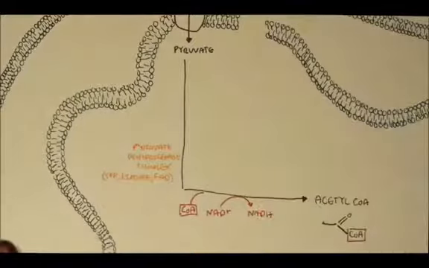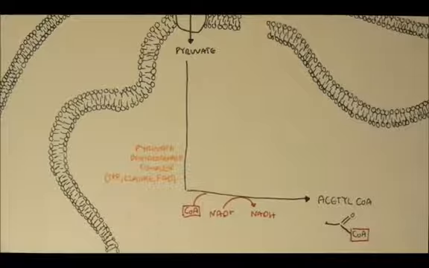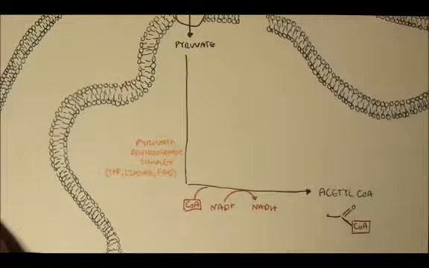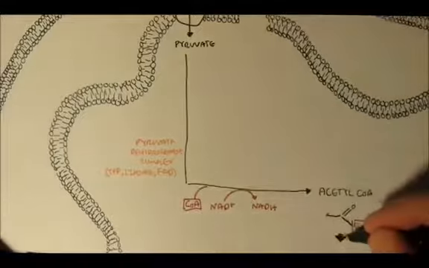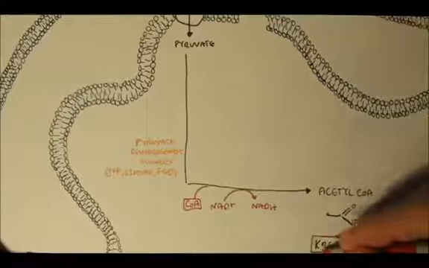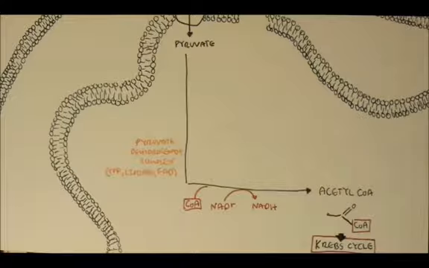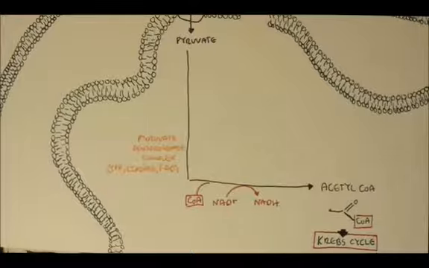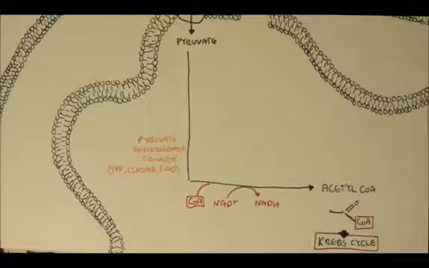Now, acetyl-CoA is an important metabolite and interconnects with almost everything. It is also important in fatty acid synthesis, which we will look at later on. But typically, acetyl-CoA will enter the Krebs cycle. And we won't go into the Krebs cycle during these videos. Later on we probably will. But for now we will stop there, and next we will review gluconeogenesis as well as glycogen synthesis.